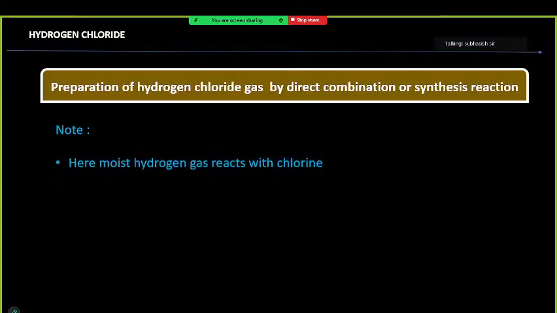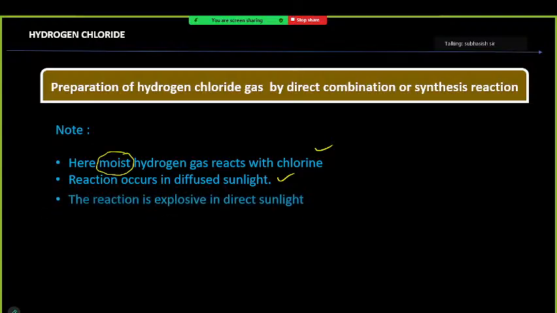The important point is that moist hydrogen gas reacts with chlorine. Here moisture is required. Moisture generally acts as a catalyst in this reaction, and it occurs in diffuse sunlight. I have already mentioned diffuse sunlight, and the reaction is explosive in direct sunlight. If you perform this experiment in direct sunlight, then the reaction will be uncontrollable.